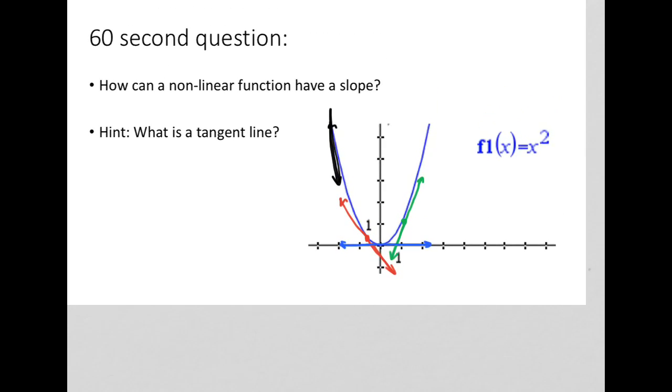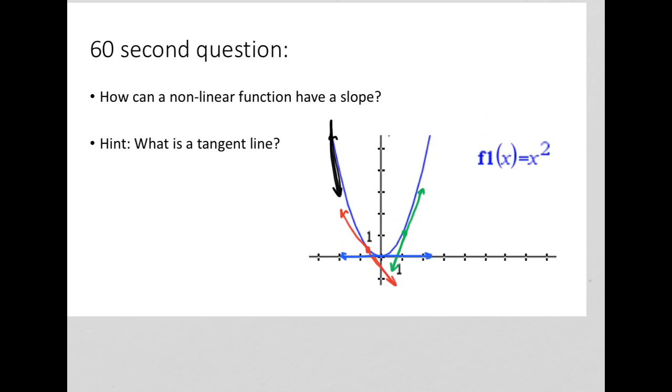So if you think about this function, the slope is constantly changing. So if we were to graph the derivative, f prime of x, it would not just be a number, it would not just be a slope that is a number like we saw in the linear functions, it would be some sort of function. It would need to change.